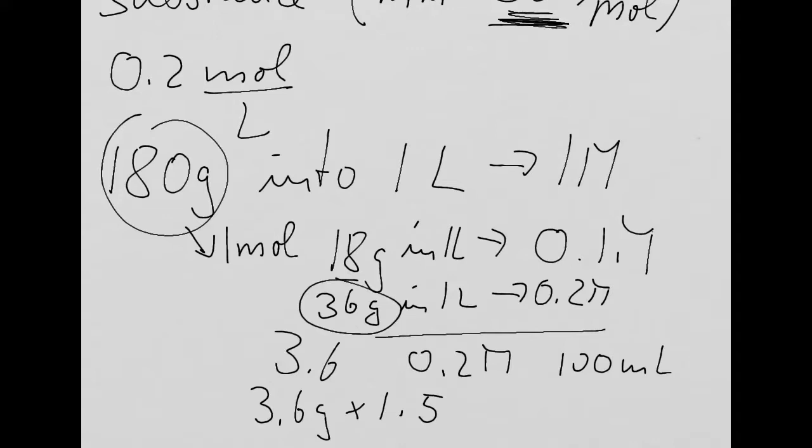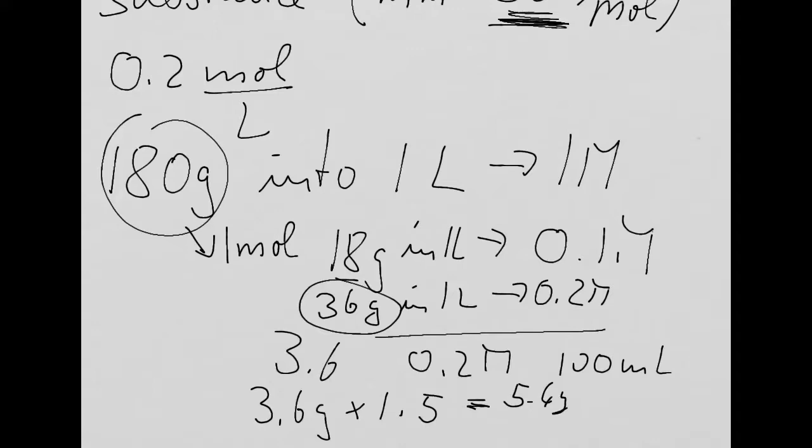Is that right? 5.4 grams. So it would go away, weigh in 5.4 grams of my substance, and put that into 150 milliliters, and I would have a 0.2 molar solution. This is probably the way you have learned it at one point, where you calculated it step by step.